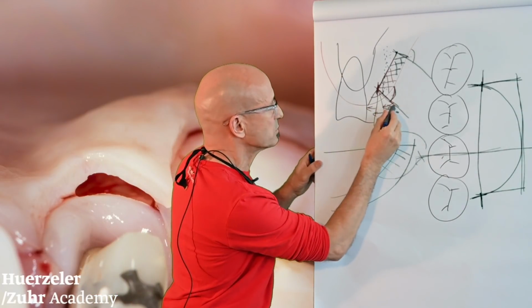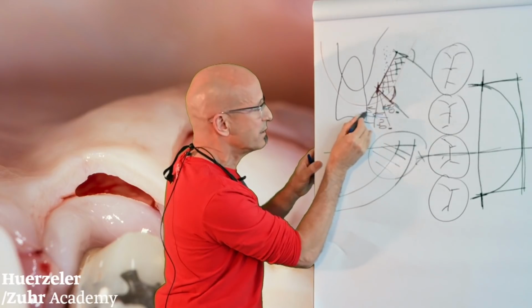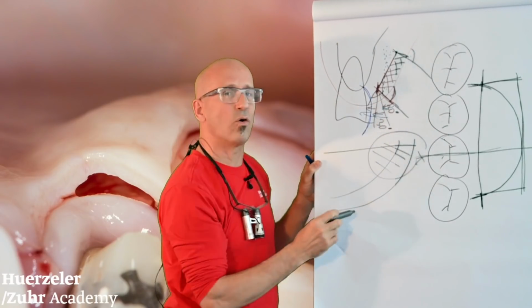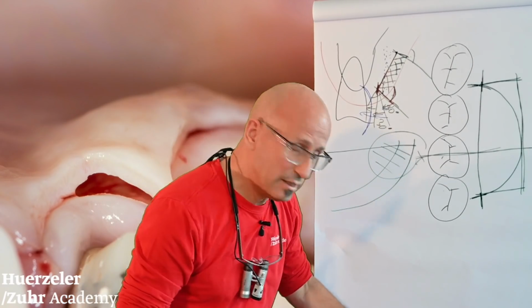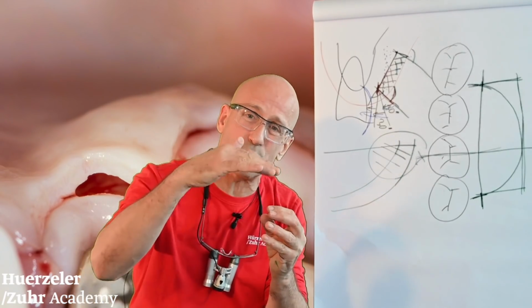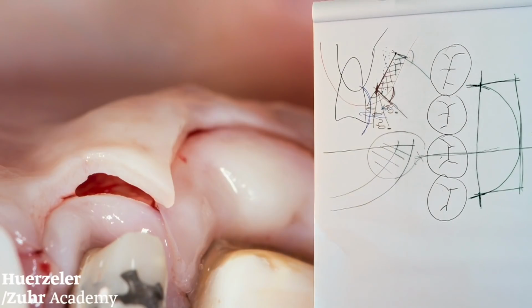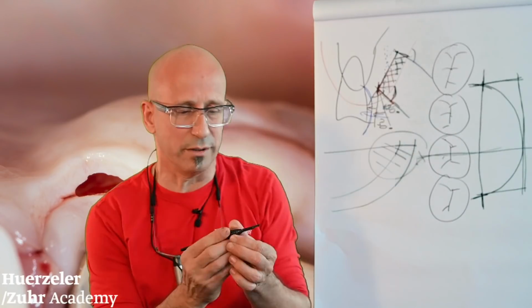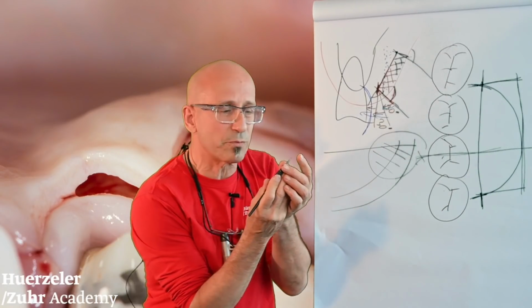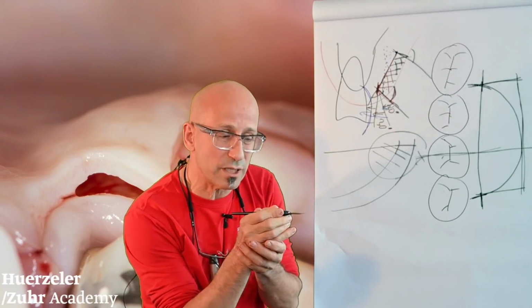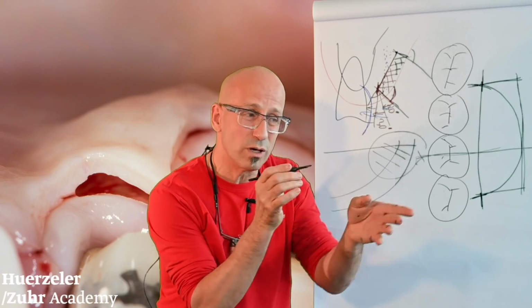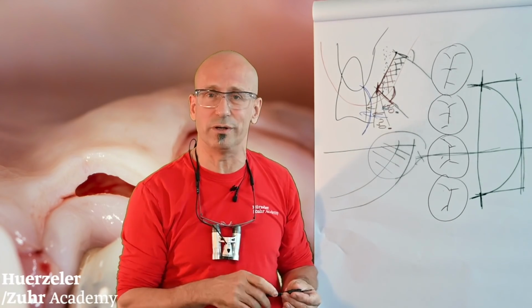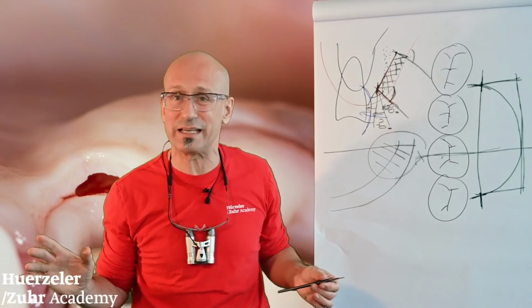To go around the corner, to move your blade in this direction, the teeth are always in the way. So when I started to share with you, showing that you have to push, give me the blade again, you have to learn to work with the tip of the blade and push the tissue off the tip of the blade. This I showed you on the apple. This is what you have to learn. This is the only thing I can say.